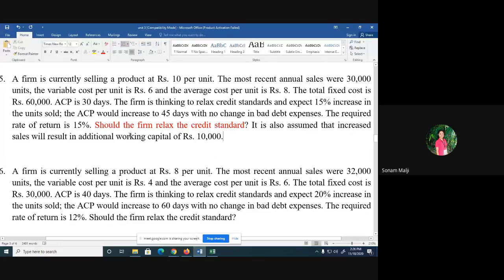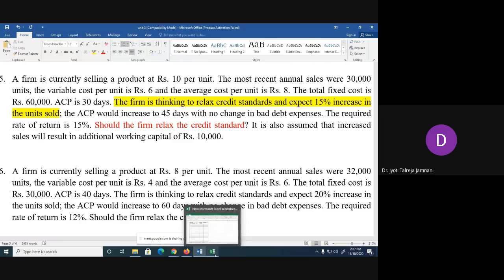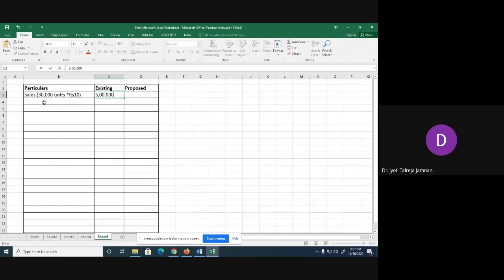No, ma'am. Now here you see this sentence which I am highlighting. The firm is thinking to relax credit standard and expects a 15% increase in the units sold. So by relaxing the credit standard, by giving credit to more people in different categories, the firm is thinking it will increase its sales by 15%. The units sold will increase by 15%. So here I'll show you in the next column. Already we have 30,000 units which the firm is selling.